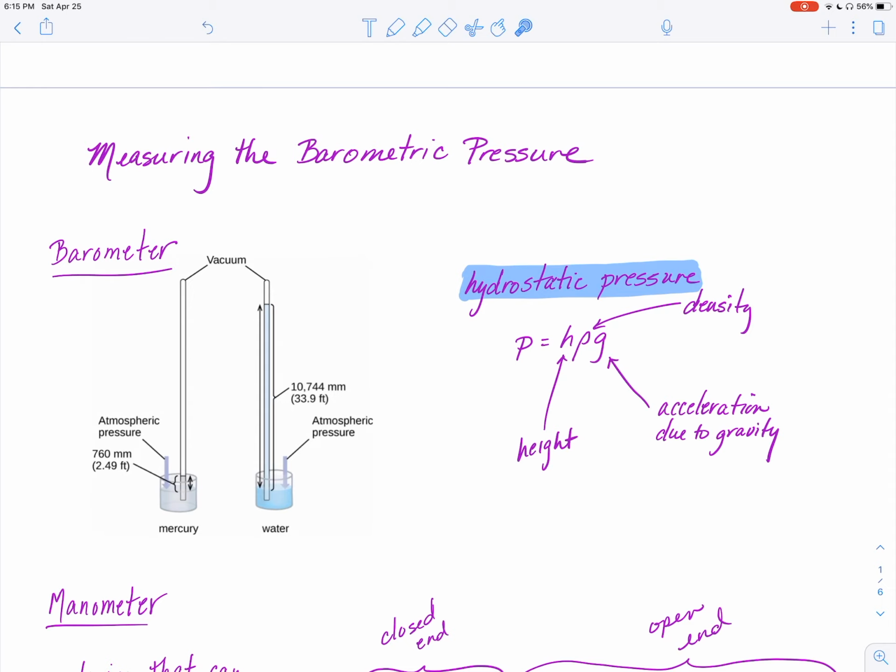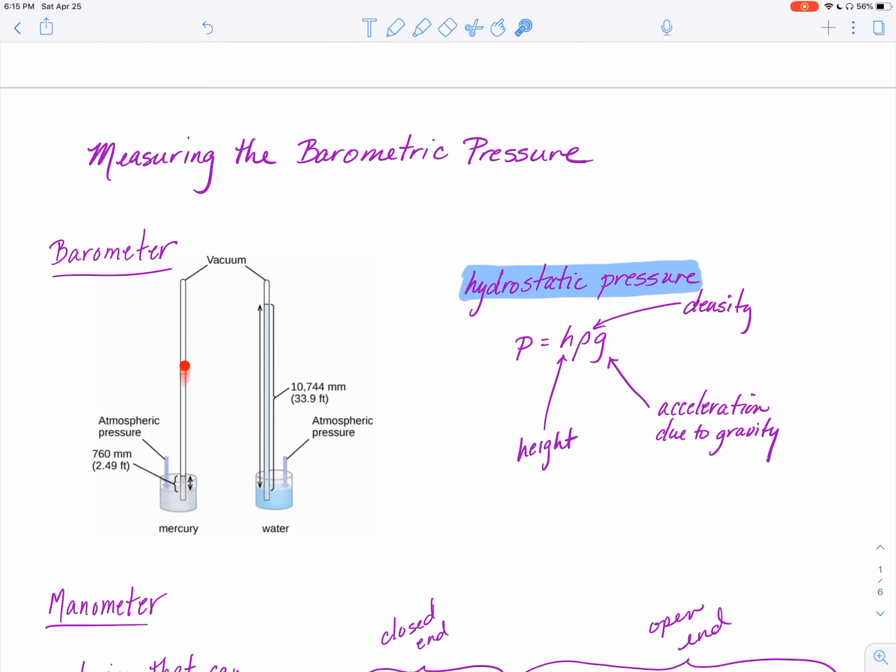The barometric pressure is the pressure that you're feeling at whatever place you're located on a planet. If you happen to be at sea level, that barometric pressure would be one value, and if you're on top of Pikes Peak, that pressure would be a different value. One of the ways that scientists tried to figure that value out was by using a hollow tube that was closed on one end.